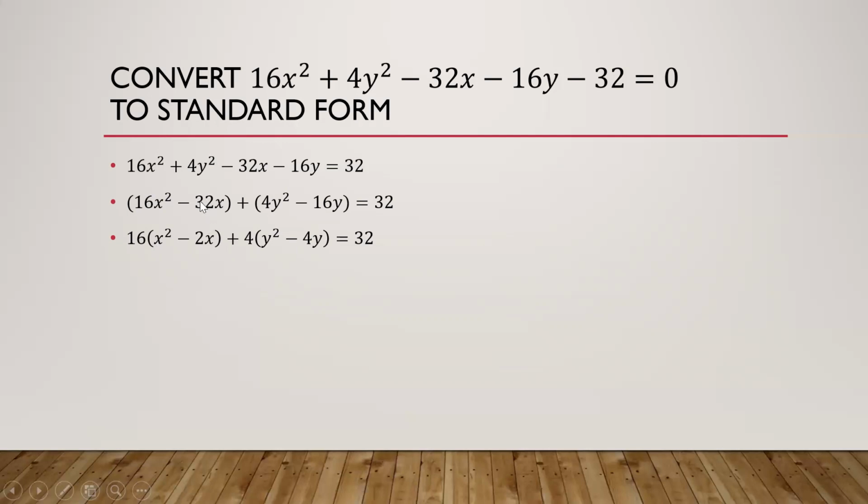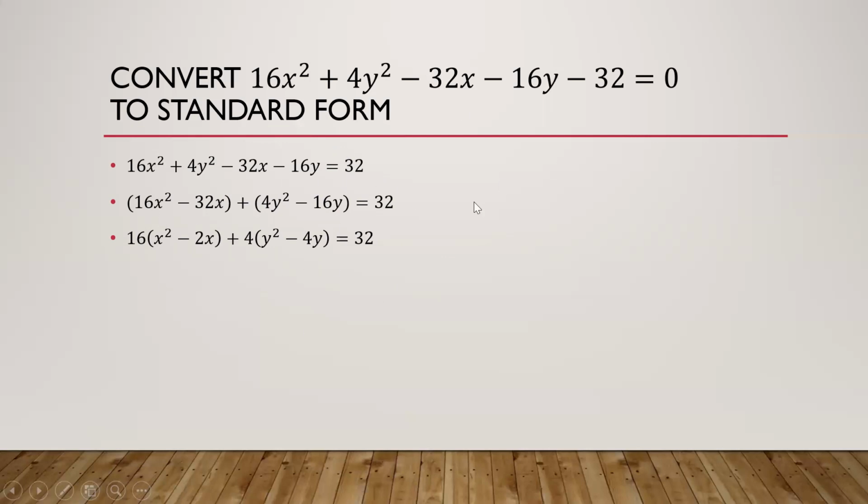And negative 32 divided by 16 is negative 2. Then for our 4y squared minus 16y, we factor out 4. So our 4y squared becomes just y squared, and our negative 16y becomes negative 4y equals 32. So that's how you factor out.